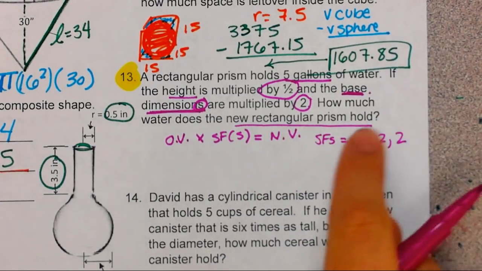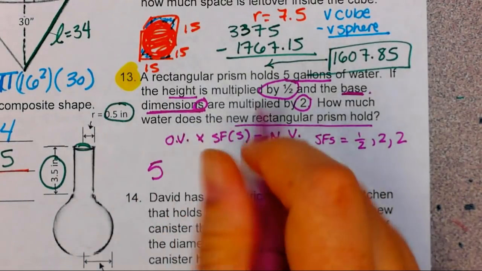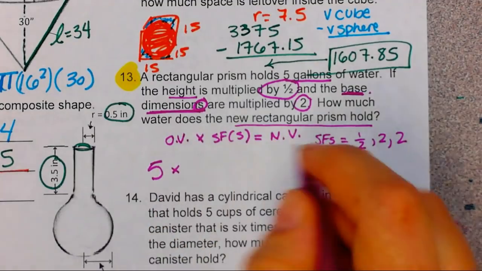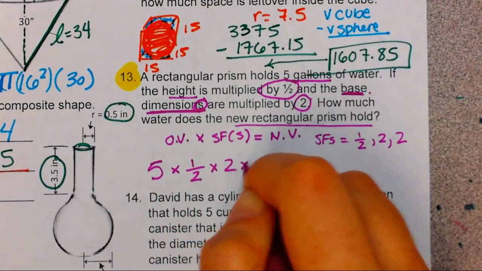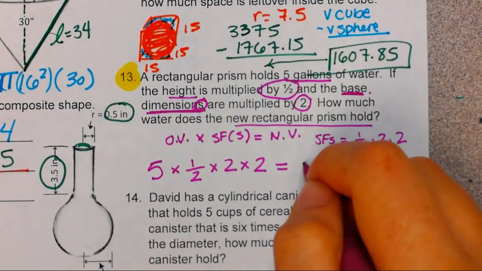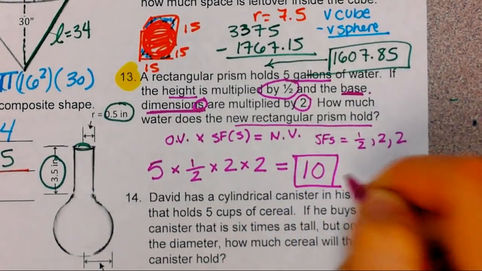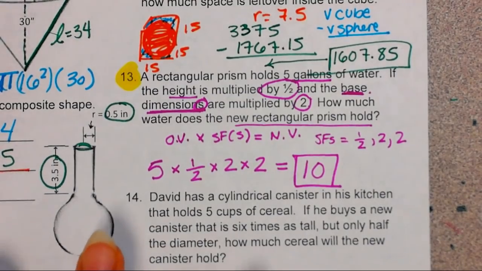So you take your old volume, 5, and multiply by the 3 scale factors. 5 times 1/2 times 2 times 2 gives you a new volume of 10.